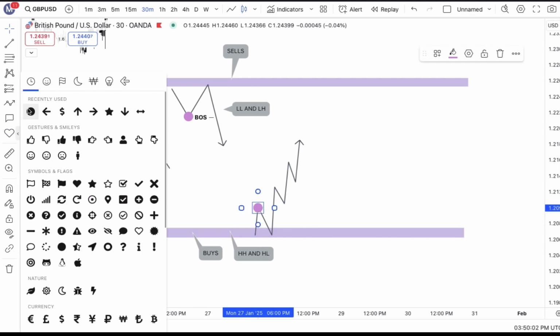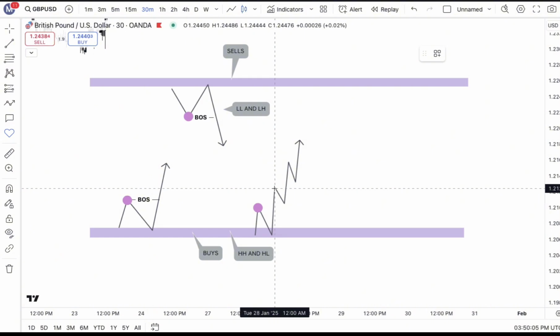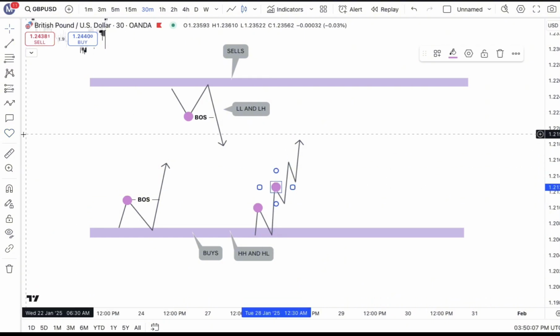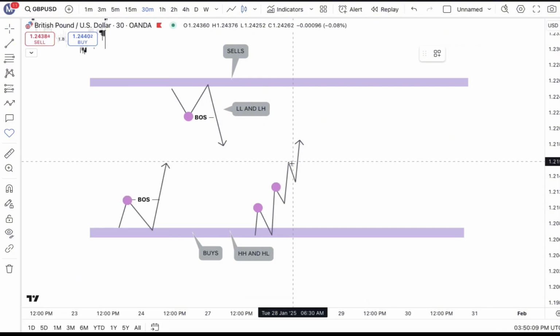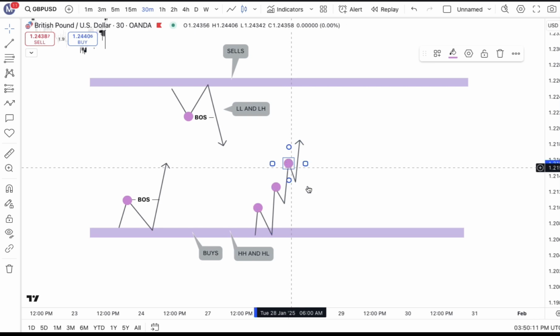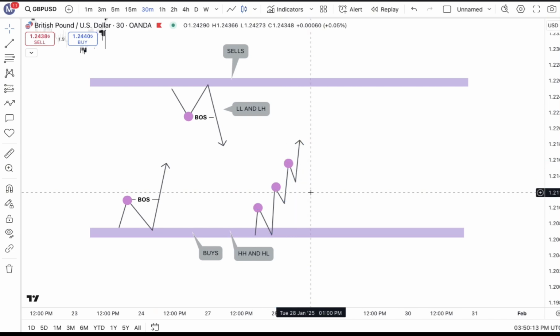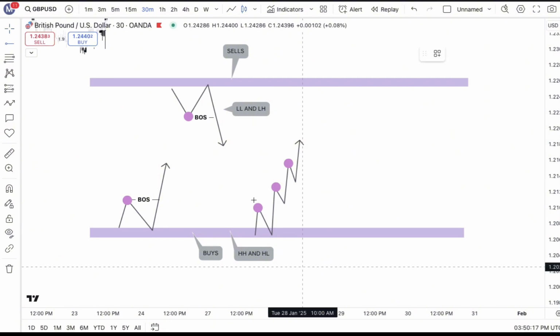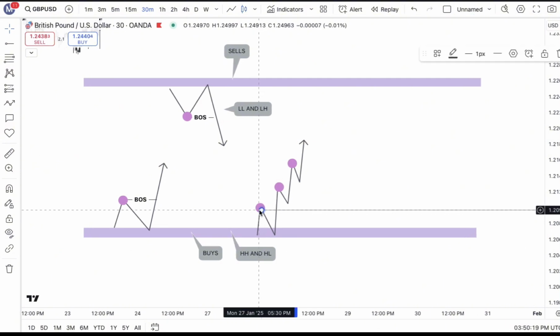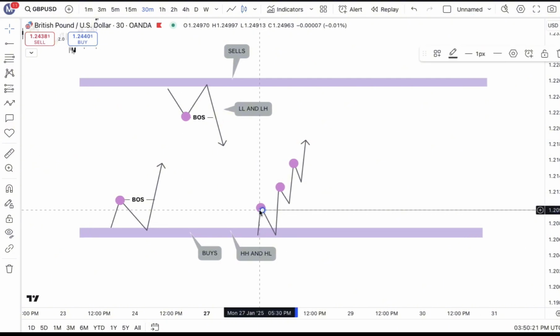You see that? It is broken because it is trying to make a new higher high. And if price is trying to make a new higher high, it needs to break a previous point, right, guys? So you can literally see price is breaking structure just to create a new high in a bullish structure.